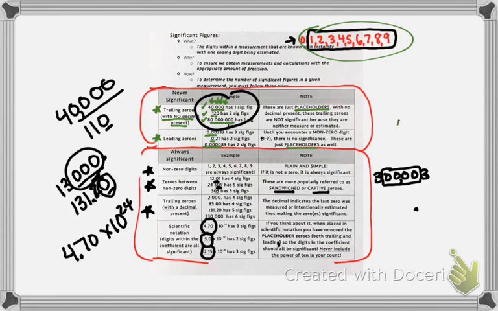You just want to look here. This is significant, this is significant, this is a zero that is trailing with the decimal present, so it's significant. So all three of those would be significant, okay? So basically, in scientific notation, zeros will always be significant. If it is correctly written in scientific notation, they will always be significant.